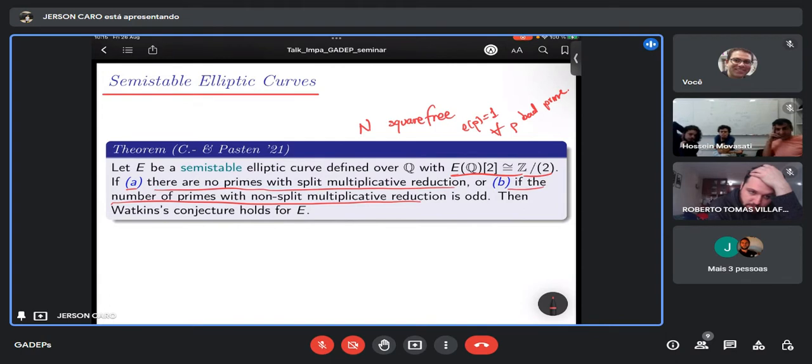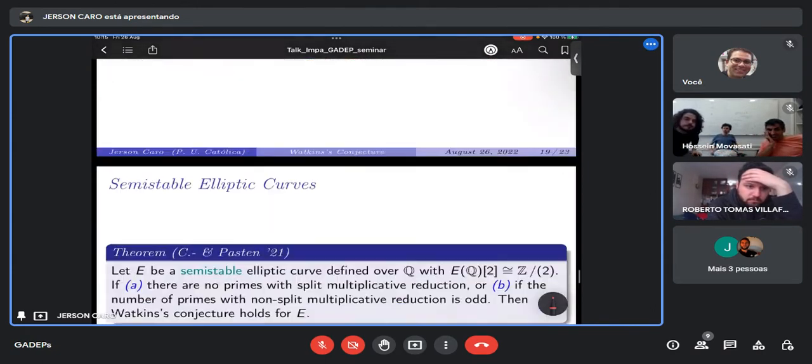The first condition is that there are no primes with a split multiplicative reduction. And the other is that the number of primes with a non-split multiplicative reduction is odd. If one of those conditions is satisfied, then Watkins conjecture holds for E.